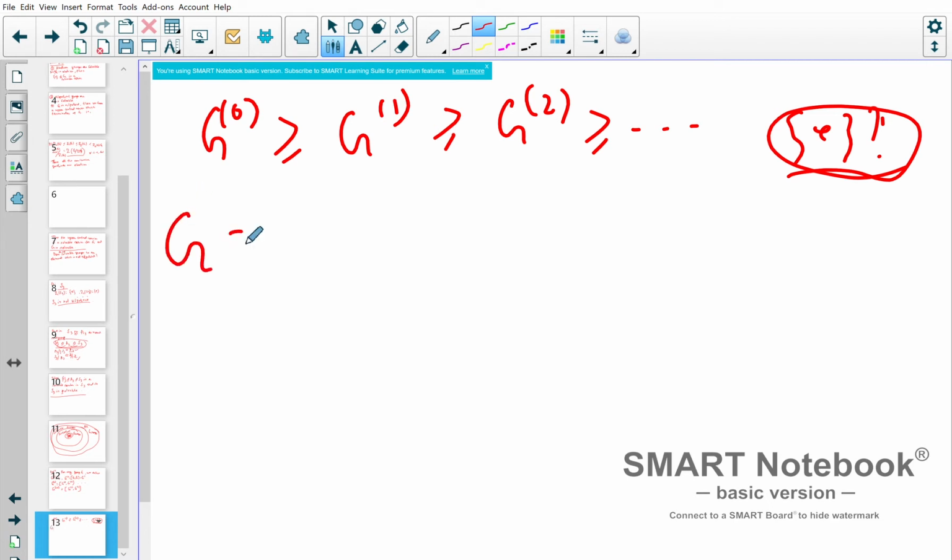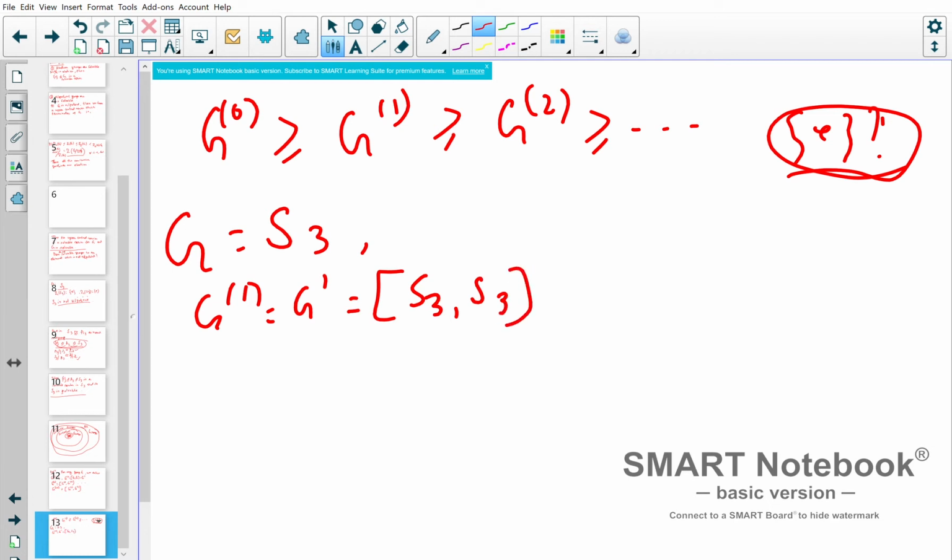Suppose G is S3 and you try to find G1, the commutator subgroup G dash. That is the subgroup generated by the commutators of S3. You check that this is nothing but A3. Homework.